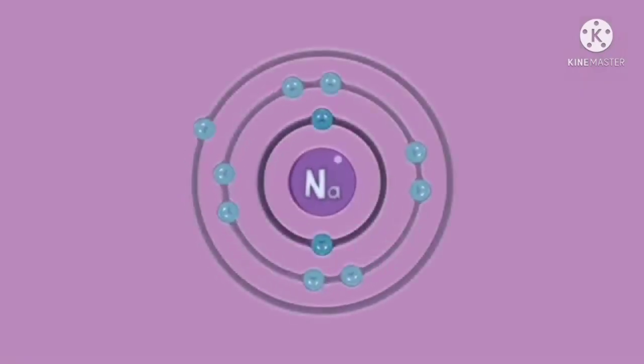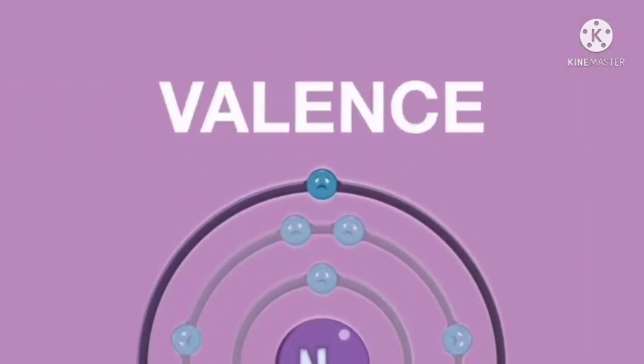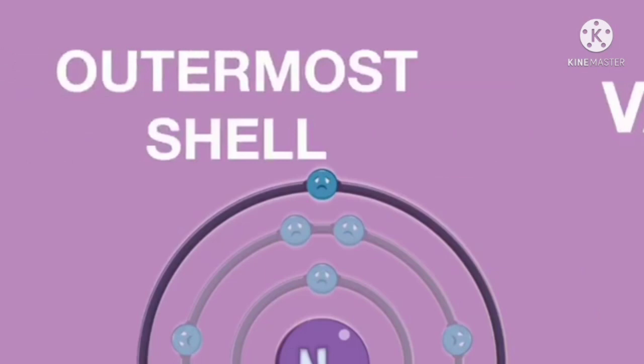Now take the example of sodium, my dear children, Na. In its outermost shell there is one electron. Whenever sodium loses this outermost shell valency electron, it becomes stabilized.